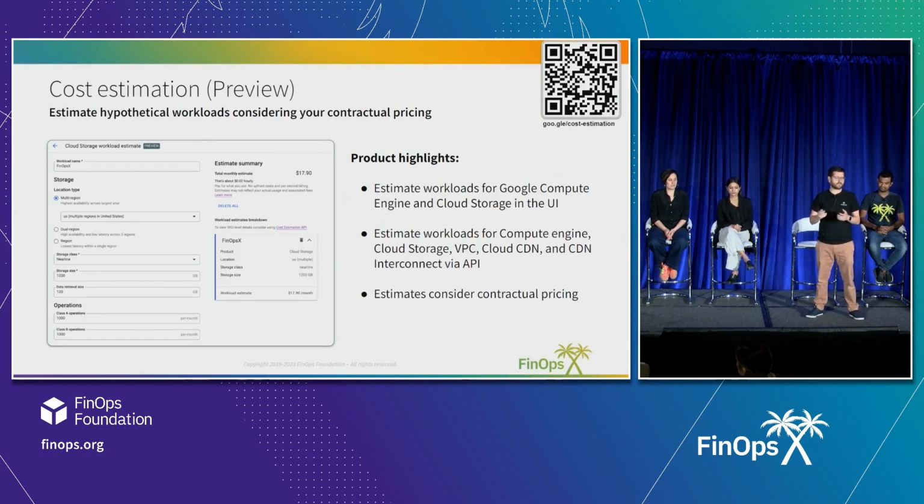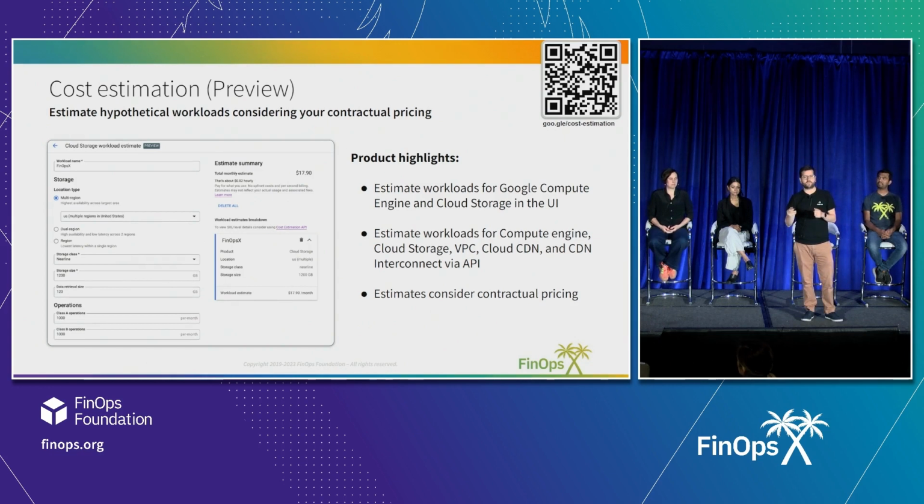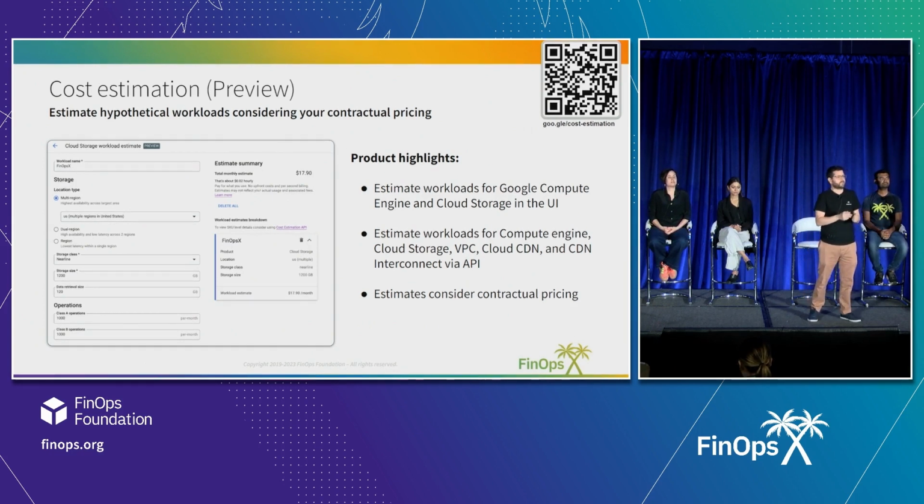The next stop, cost optimization. So you have recommendations, you analyze, and you want to grow even further. Your business is growing and you want to deploy new workloads. But before that, you want to understand how much you will be spending. Cost estimation is a tool that allows you to get accurate estimations for hypothetical workloads, and it includes your negotiated pricing. So that's available through the UI for 2 products, GCE, Google Compute Engine, and Cloud Storage.